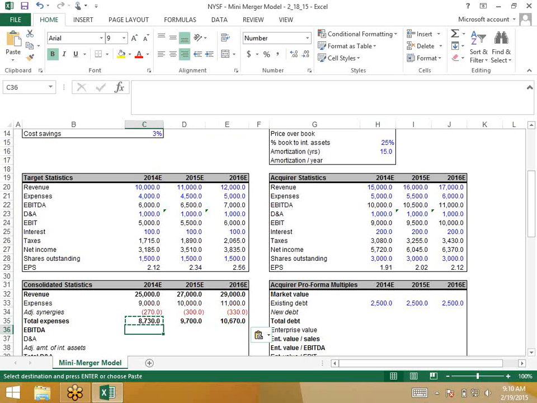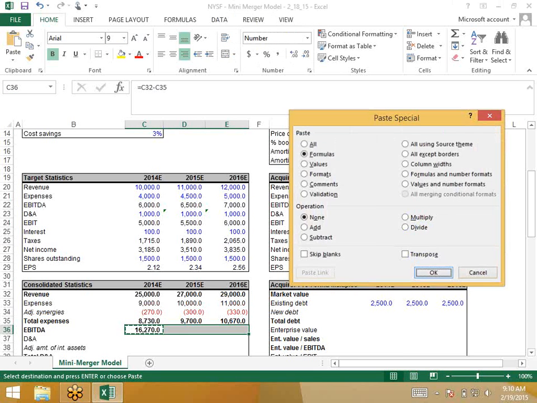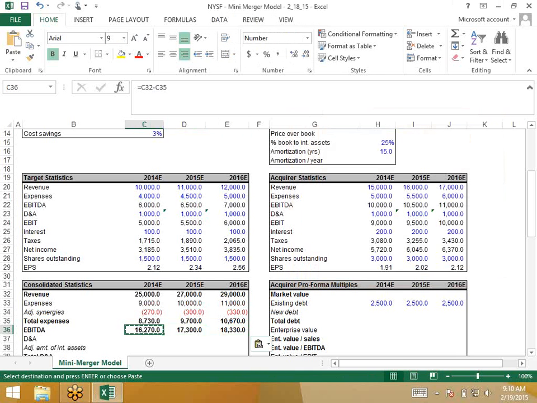And then your EBITDA is simply revenue less expenses now. Right? Revenue after expenses. So you notice in this model we didn't separate COGS from other OPEX and SG&A. In other words, we just didn't get into very much detail with the types of expenses. But you could have. You could have broken it out. But in this case, the only thing that's going to impact our expenses are synergies, so we made an assumption already. The breakout in detail here wouldn't make too much of a difference.